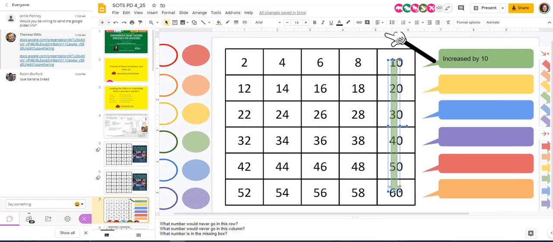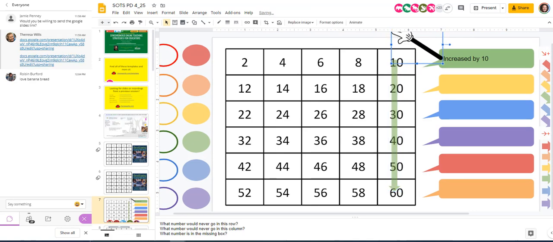Who else sees a neat pattern? What other patterns are there? Beatrice? And then take your mic off. Yes, going across the top column, it's increasing by 2.